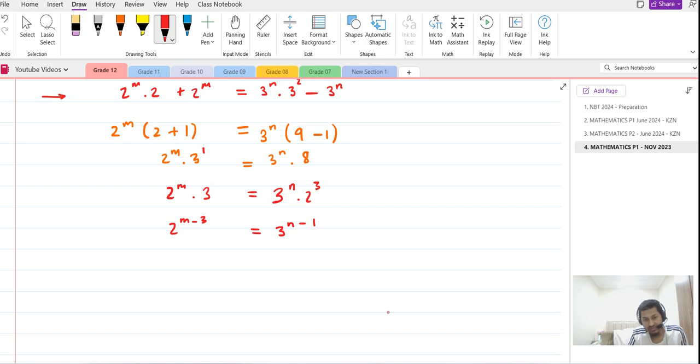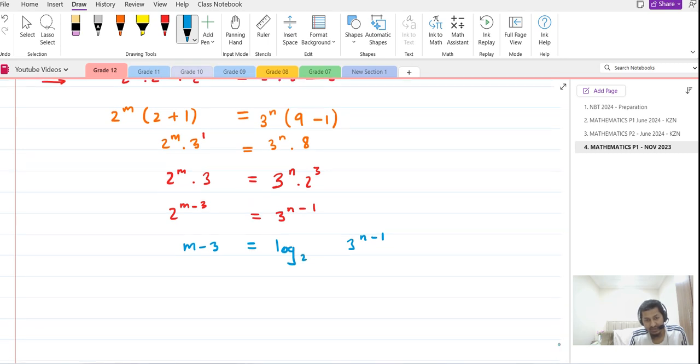So I can say m minus 3 is equal to log of 3 to the power n minus 1, base 2. I hope this works out. So m is equal to, now we have a rule for logs where this power can go to the front.